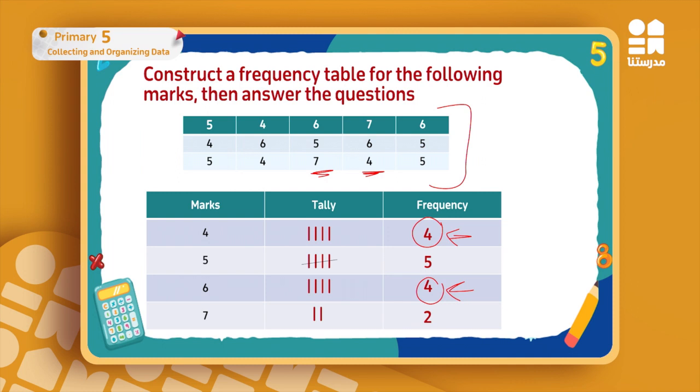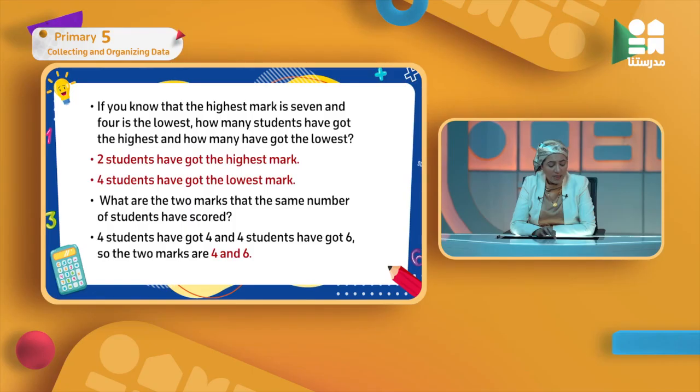So the same number of students have got the marks 4 and 6. Okay, then the answer here is 4 students have got 4 and 4 students have got 6. So the 2 marks that the same number of students have got are 4 and 6. Why? Each of them was scored by 4 students.